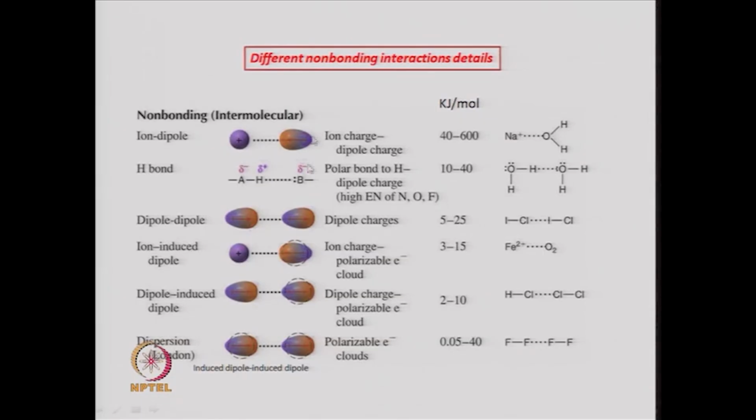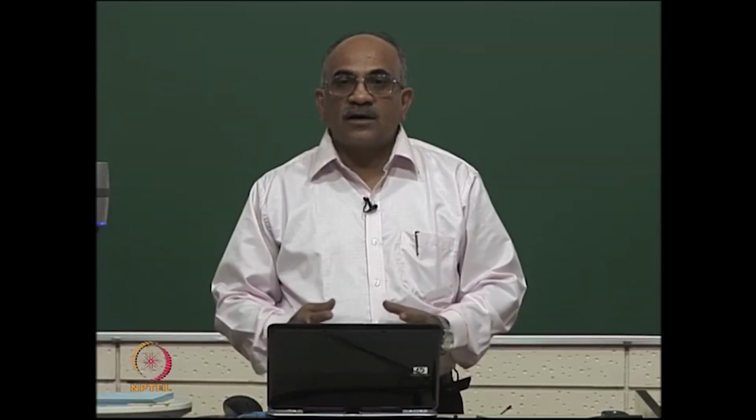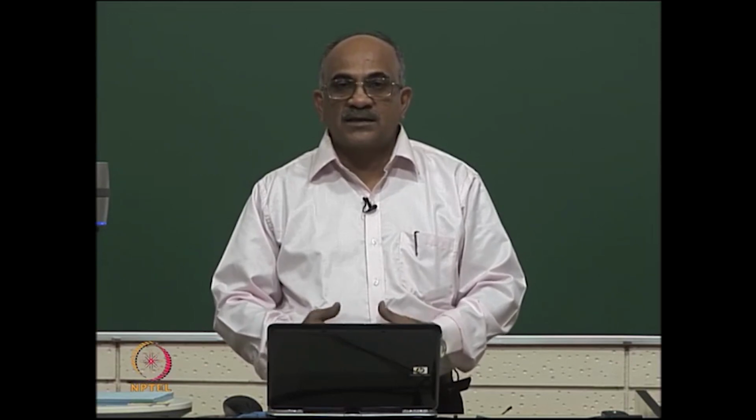So, these are different types of interactions which are possible, and such interactions bring molecules together, and in self assembly that is what you do: you bring molecules or ions together and form a larger structure.